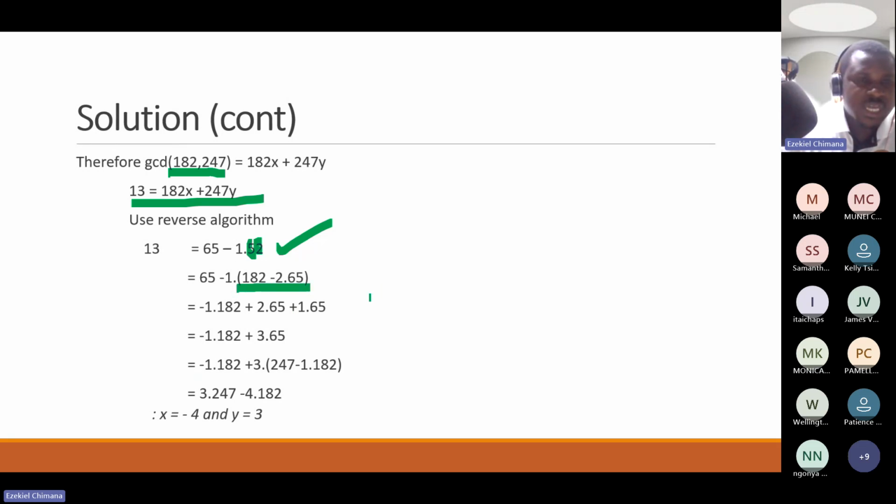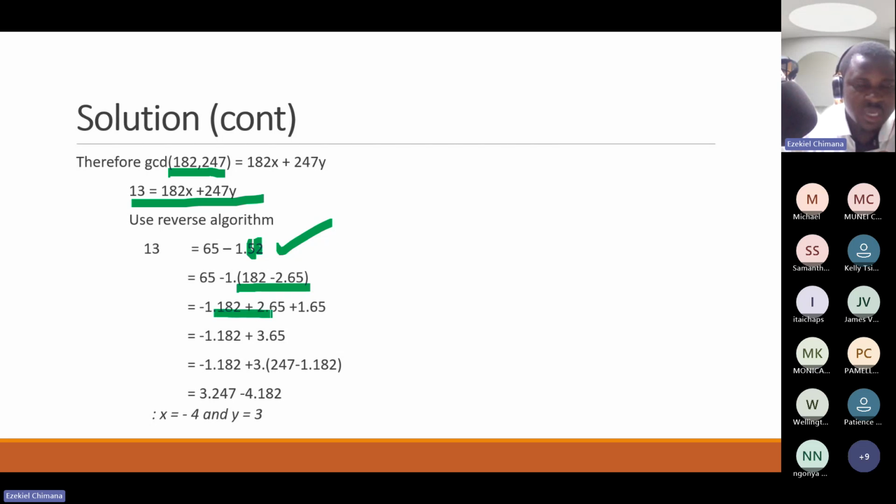You can even try to simplify that. You can simplify that, but guys, make sure that you do not multiply these coefficients with these values, because those coefficients are the ones which are going to give us the x and y. So do not multiply. So if you put this one inside, you're going to get minus 1 times 182 plus 2 times 65.